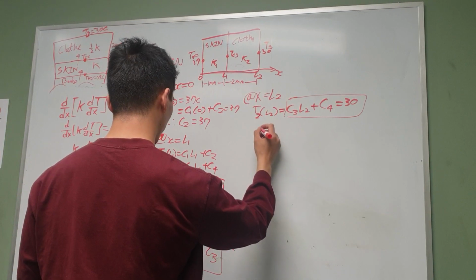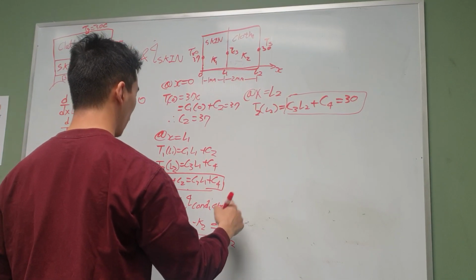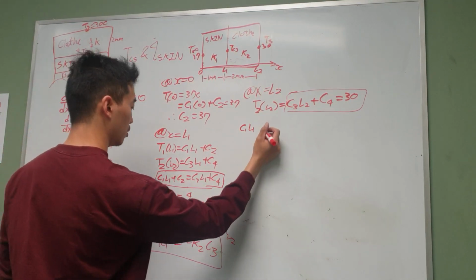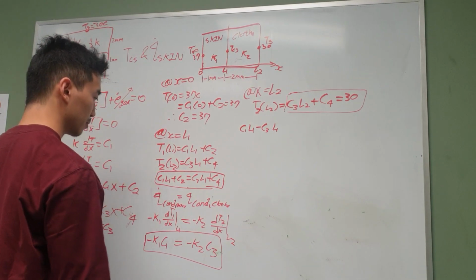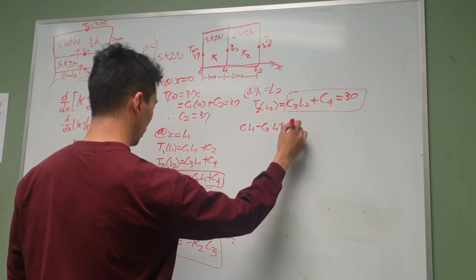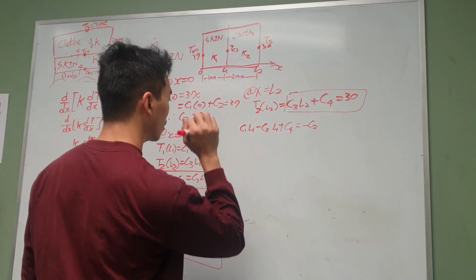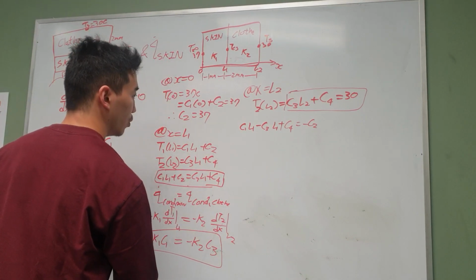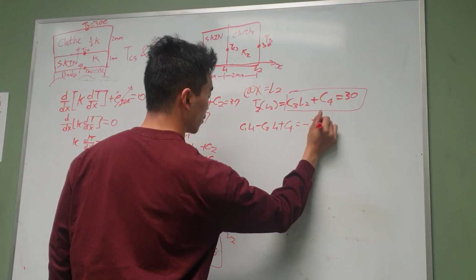So let's rewrite it so that it's convenient for us to solve it. C1 L1 minus C3 L1 plus C4 is equal to negative C2. We know C2 was 37, so it's going to be negative 37.